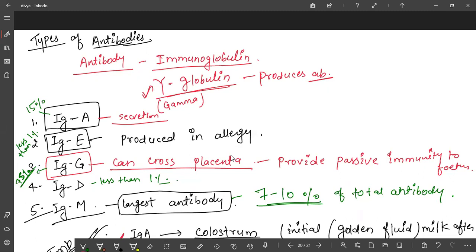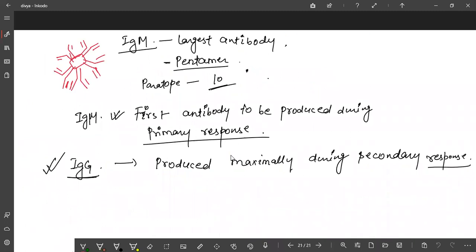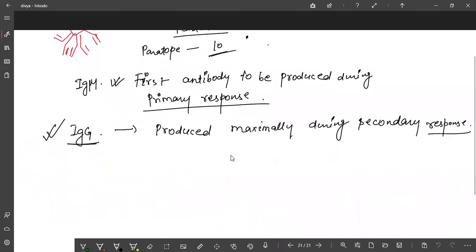IgA is a dimer, so it has 4 paratopes. IgM is a pentamer, it has 10 paratopes. And what about IgG, IgD, and one more, IgE?